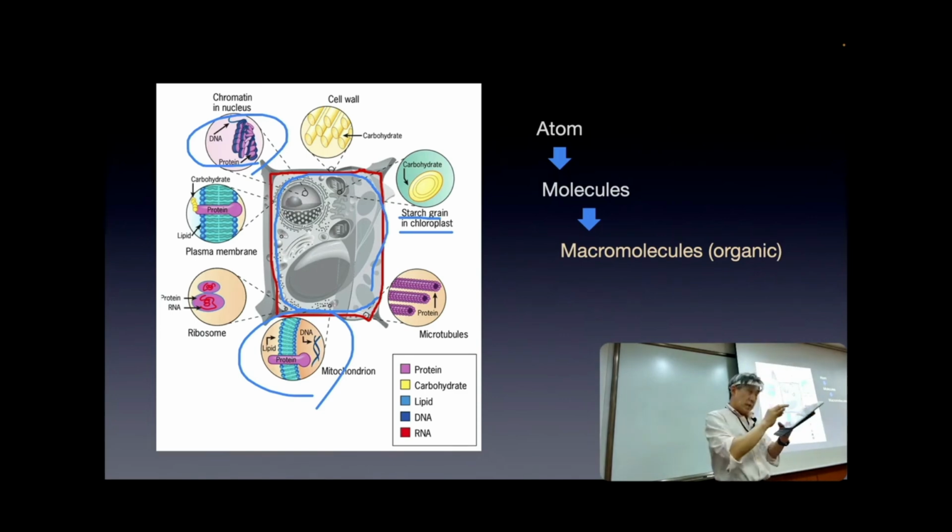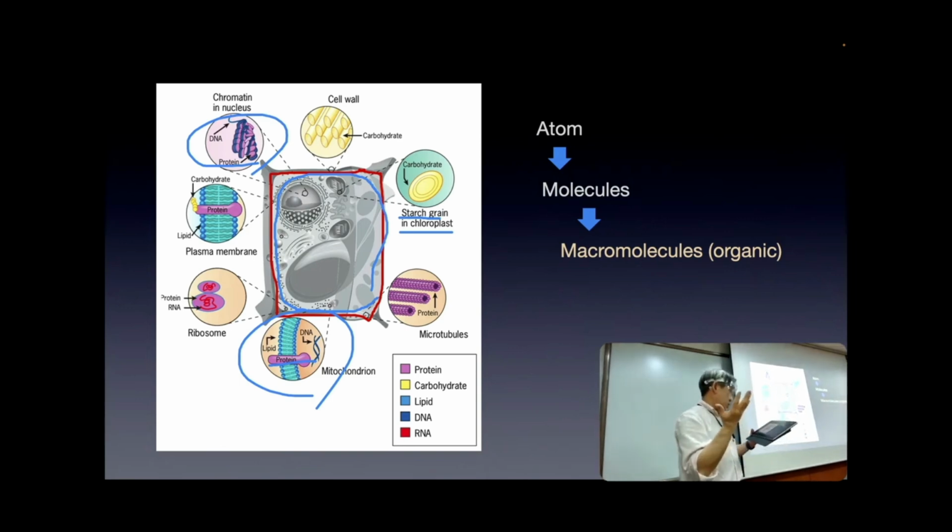And not only that, along with these lipids, you do have some proteins. Many proteins are embedded on the surface of the cell membrane. That's the kind of basic usual structure or motif.